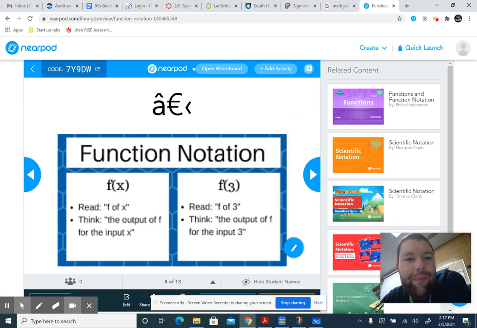Okay. Then we're going to be talking about function notation. Function notation is just another way of writing equations. It reads as f of x, and basically it's saying that the output of f or the input of x, this x or whatever's in the parentheses is your input, and f is like the name of the function or your output.